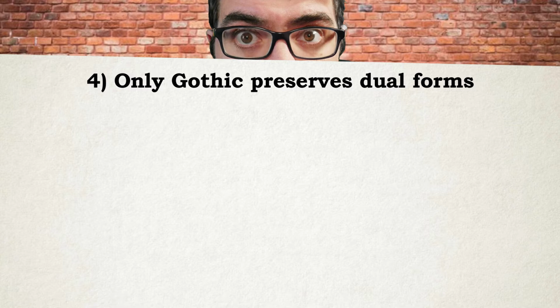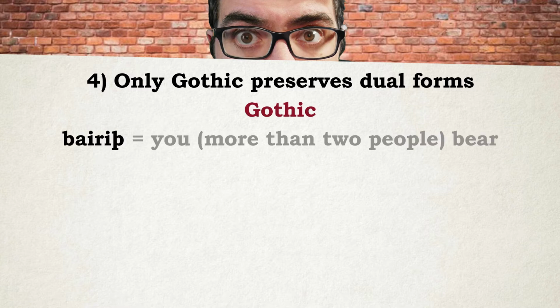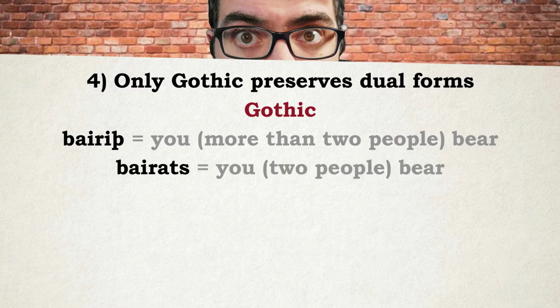For example, from the verb baíran, to bear, you have as a second plural person baírip, which means you bear, but refers to several, more than two interlocutors, and then you have baírats, second dual person, referring to only two people, you two bear. Even in this case, Gothic looks much more conservative than the other languages.